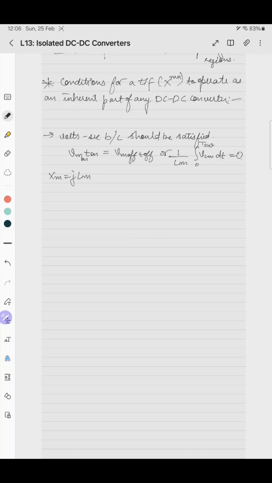So to minimize Im, Im should be less, or the value of Xm or Lm should be very high. It would be practically very high. This is one requirement for using the transformer to operate as a part of a DC-DC converter.